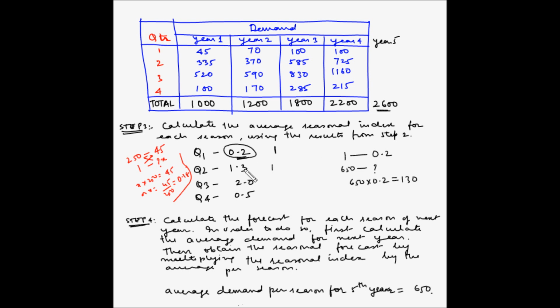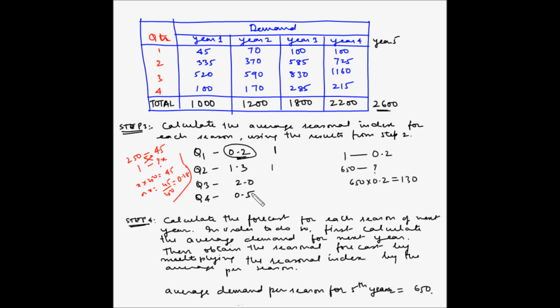If the forecast is 1 for Q2, then the seasonal forecast is 1.3. Similarly, if the average forecast is 1 for Q3, the seasonal forecast is 2.0, and if the average forecast is 1 for Q4, the seasonal forecast is 0.5.